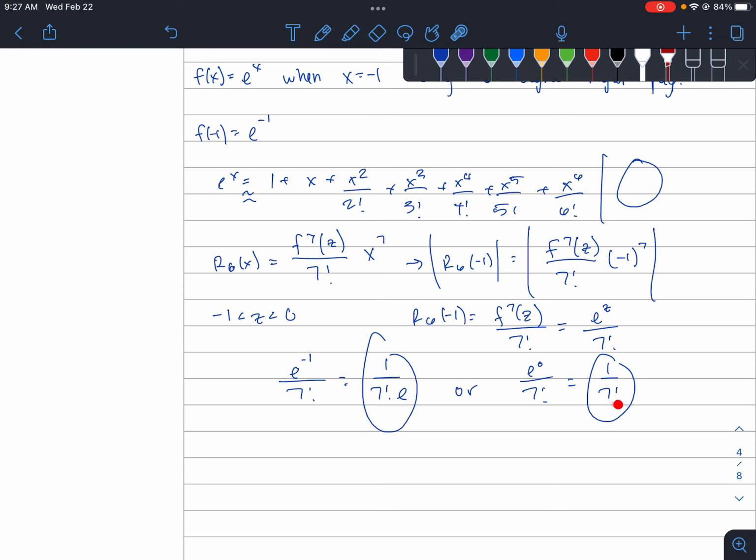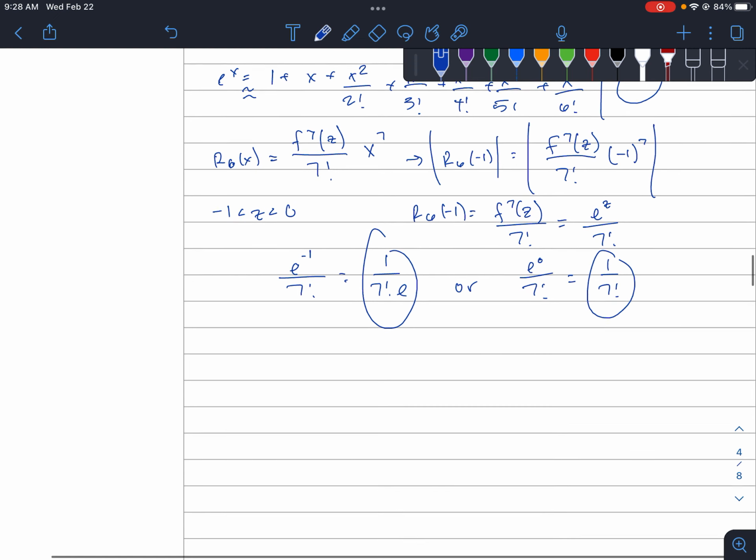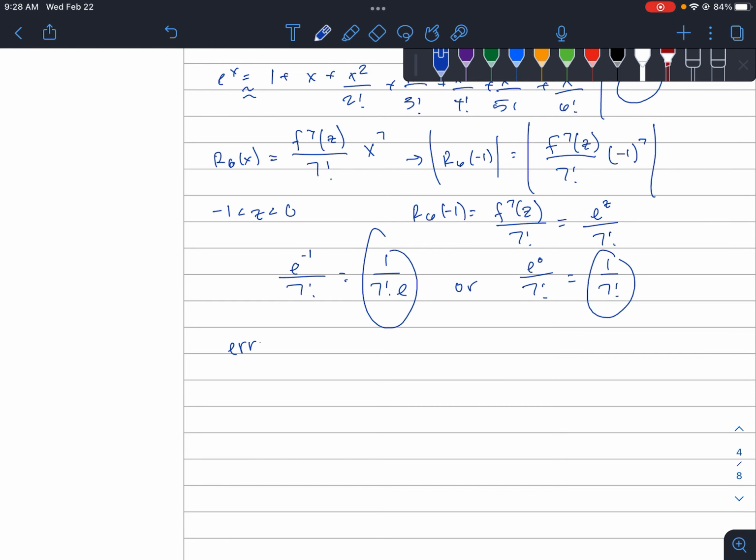This one has to be larger, because in the other I'm dividing by e, not just by 7 factorial, which would make it smaller. So my error has to be less than or equal to 1 over 7 factorial, which is about equal to 0.000984.